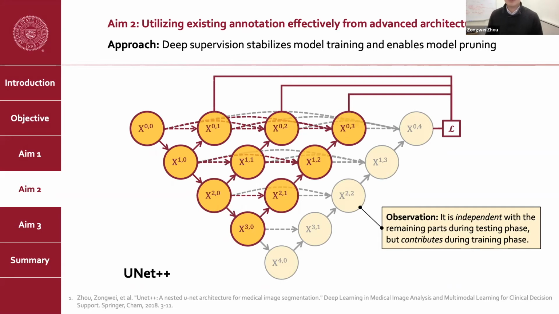This is too much for an ordinary desktop or laptop PC in clinical practice. Our UNet++ can be pruned during the deploy time based on the clinical need. That means these branches can be cut after model training, and the leftover subnetwork can still perform precisely thanks to the deep supervision.